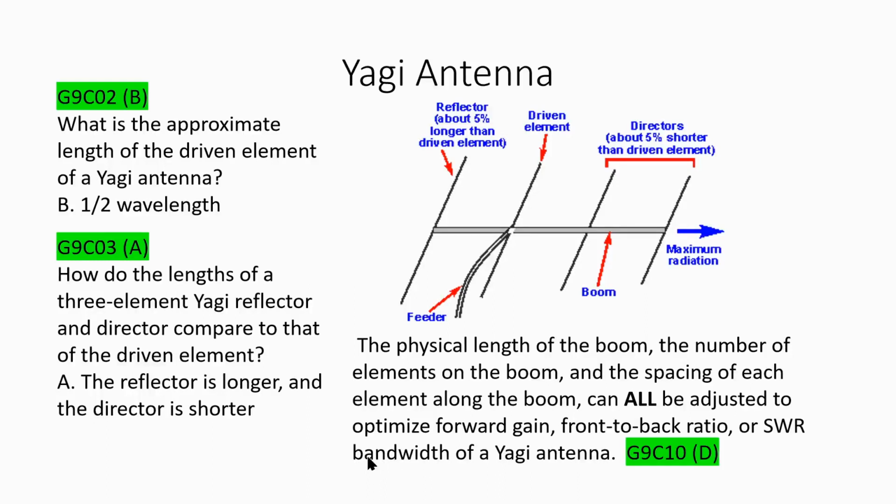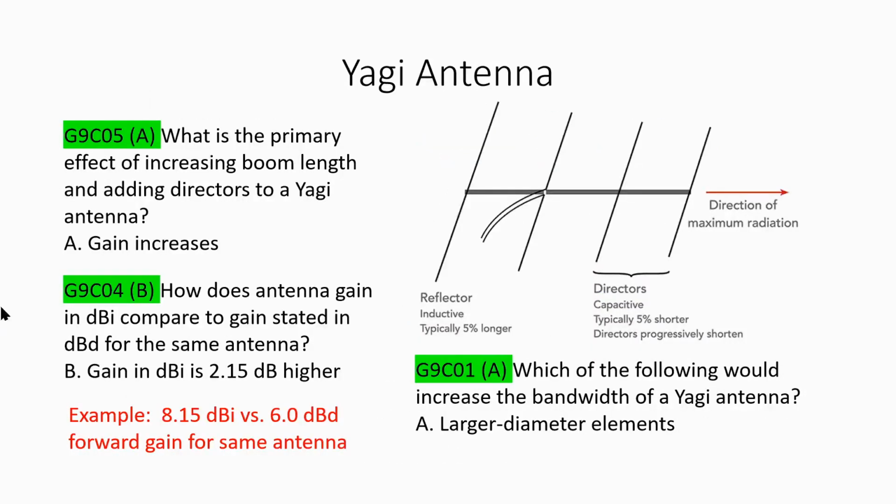Or is it too narrow for that and you have to limit your use, or you suffer a poor signal if you go outside the best bandwidth of this Yagi antenna? All of those things are part of the formulation of this antenna. So when you lengthen the boom and add directors, the gain increases. You can keep going a long way.